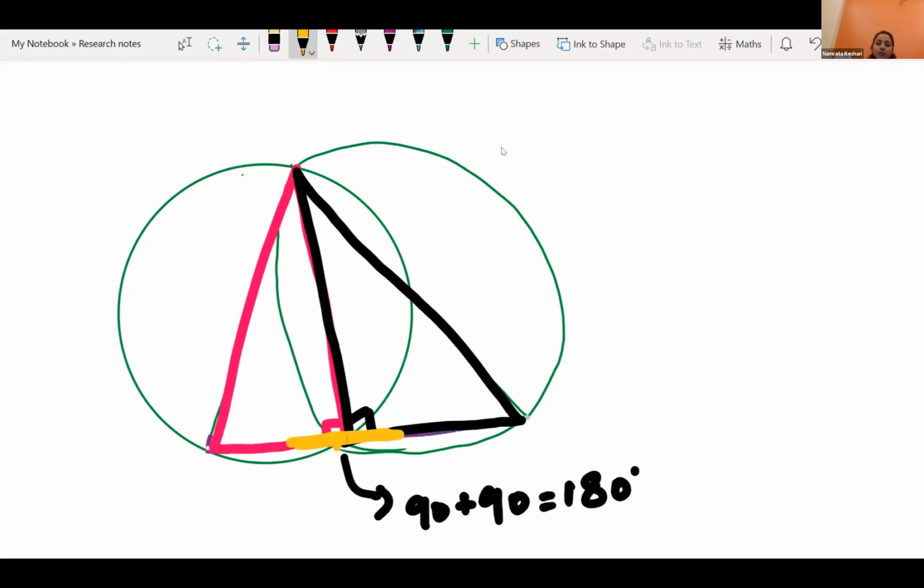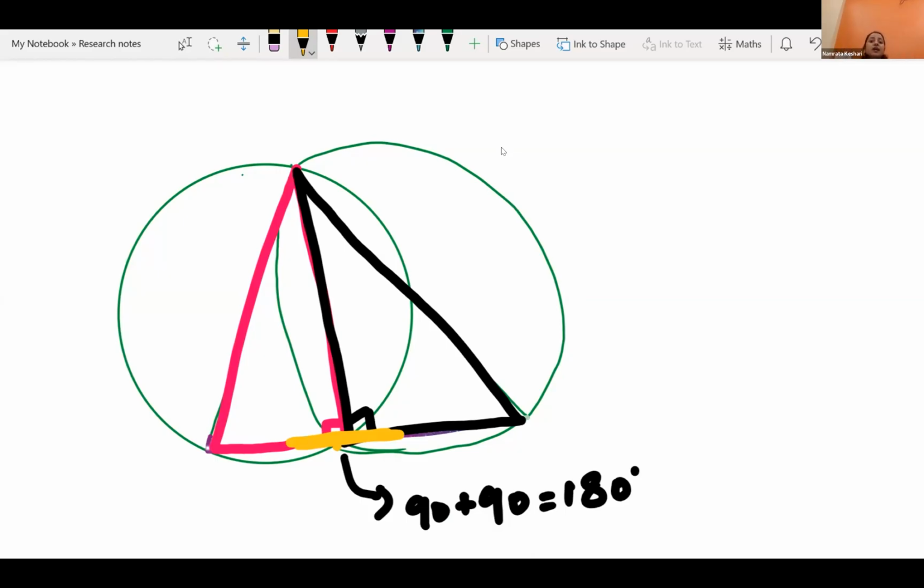A straight line is getting created over here. That means the point of intersection lies on a straight line, that means the third side of the triangle. Am I making sense? Yes, ma'am. Okay. Angle in a semicircle is 90 degree. Now 90 plus 90 is 180.